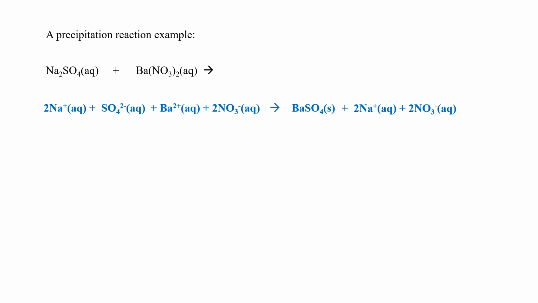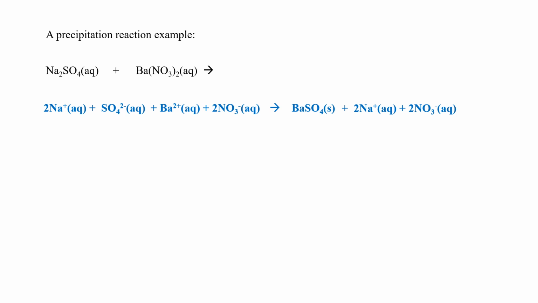Similarly, barium nitrate is written in the molecular equation, the top equation, as barium nitrate altogether, but the parentheses say aqueous. It is dissolved, and we know all nitrates are soluble, so really that is separate ions, barium ions and nitrate ions.